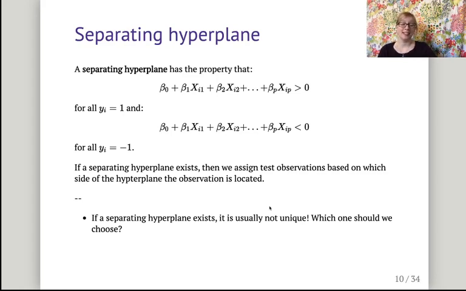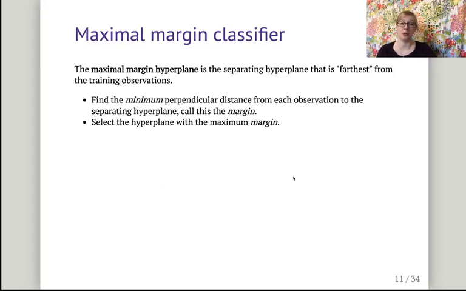If this exists, then how do we handle the test observations? Well, we plug them in. We classify them to class 1 if they are above the hyperplane, and class -1 if they're below the hyperplane. If this exists, it's probably not unique. So we still have a question of which one is optimal.